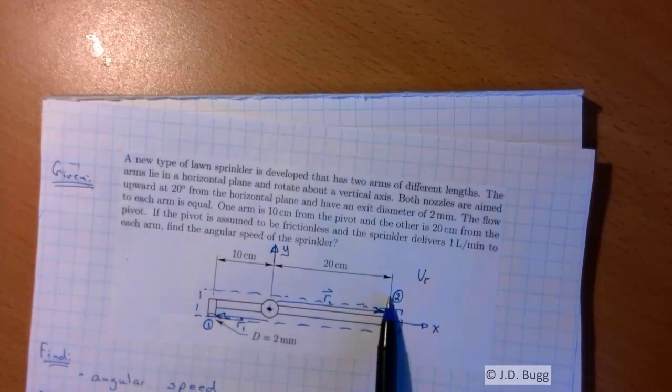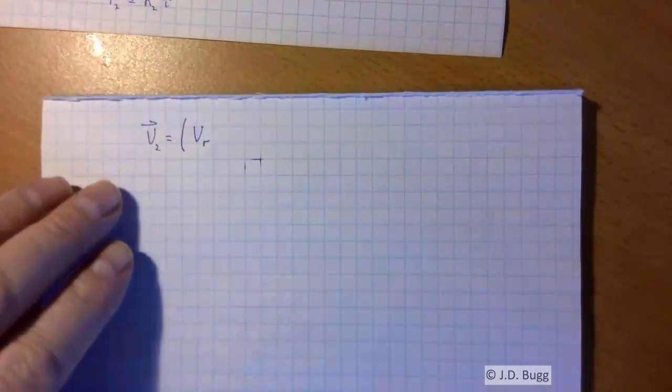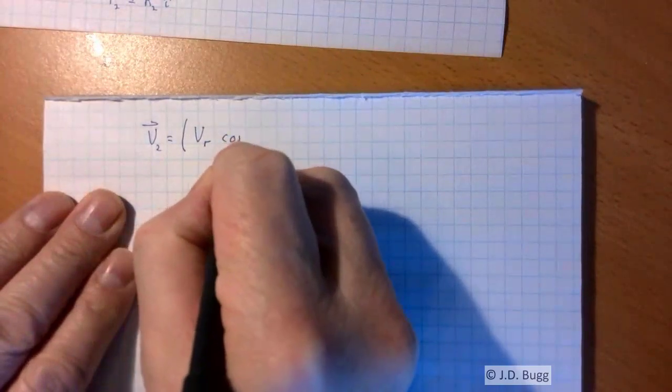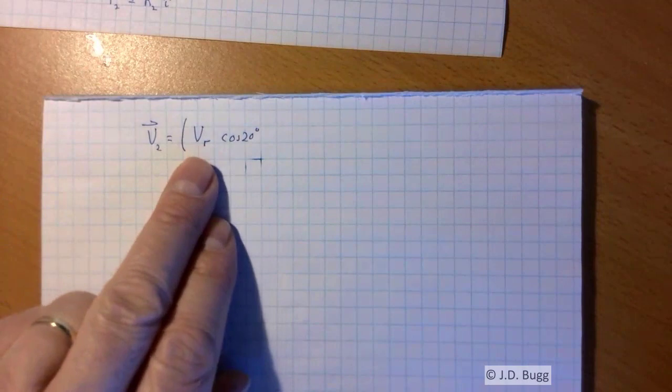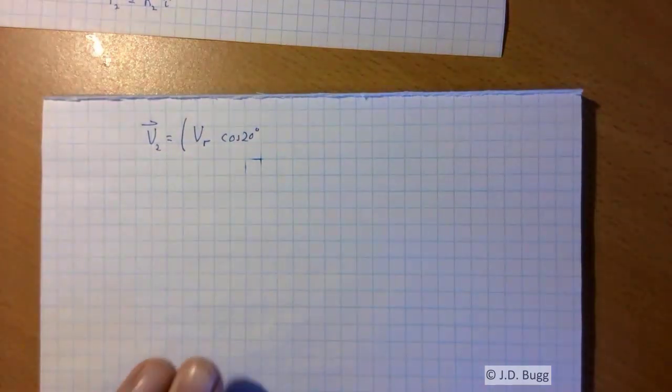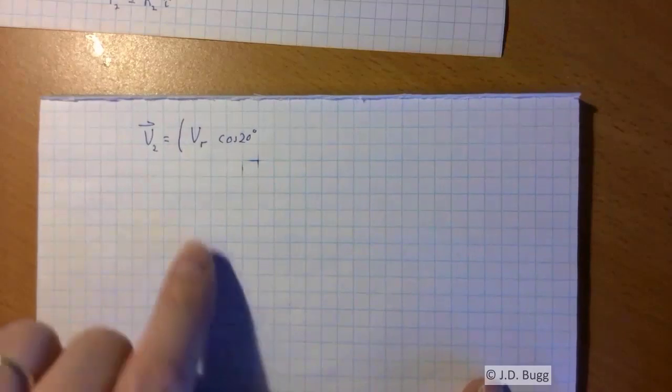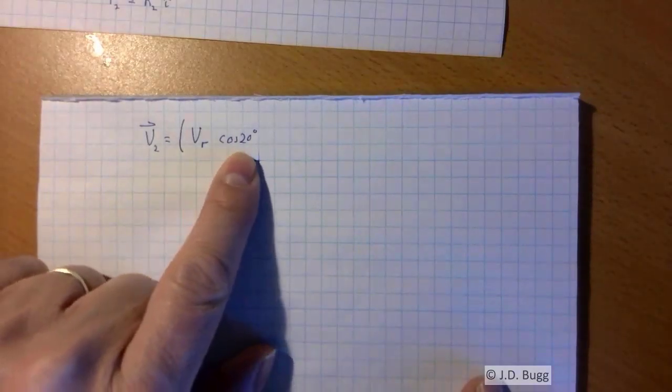So to get the velocity in the J direction, we need to take VR cosine 20 degrees. And I'll just put the 20 degrees in there. Okay? So that's now the component in the J direction. There's another component that we'll write here in a moment in the K direction.